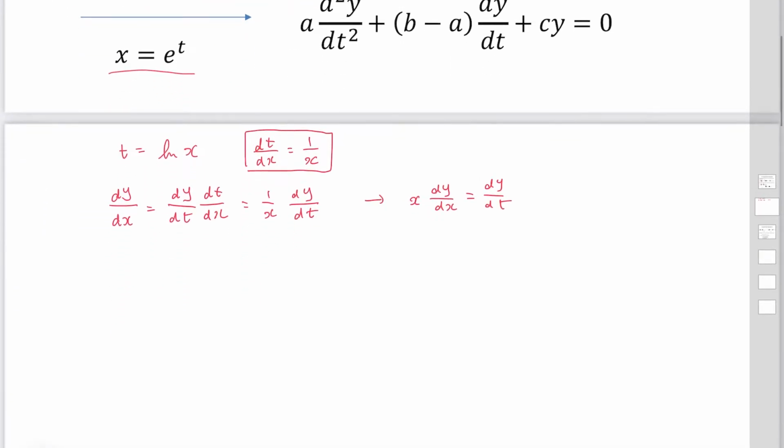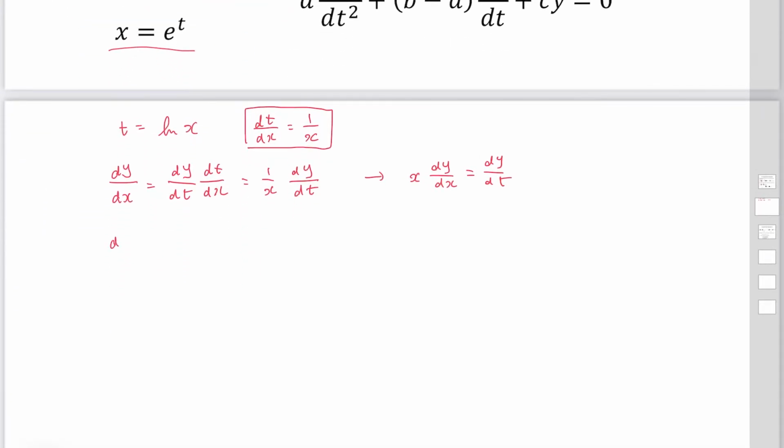And the second derivative: the first derivative becomes 1 over x dy/dt, and you substitute this into here. The derivative is minus 1 over x squared dy/dt plus 1 over x times its derivative.